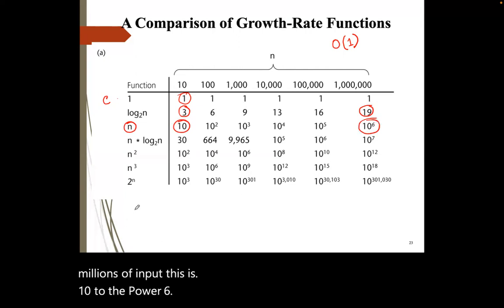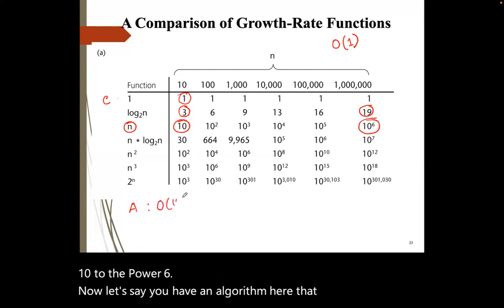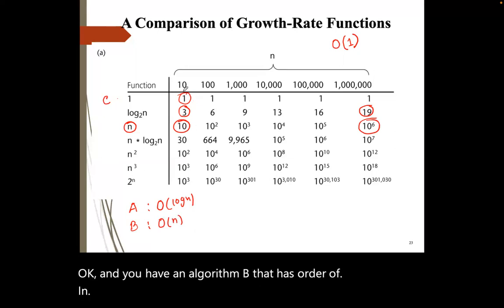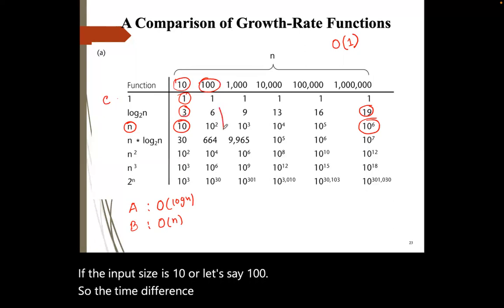Now let's say you have an algorithm A that has order of log n, and an algorithm B that has order of n. If the input size is 10, or even 100, the time difference is say 6 versus 100.